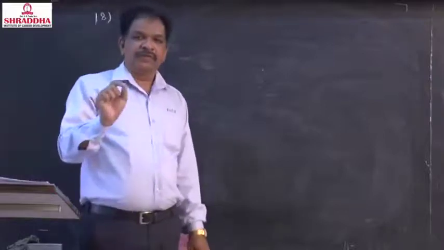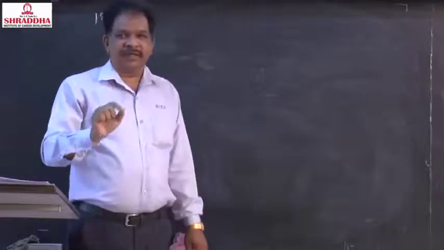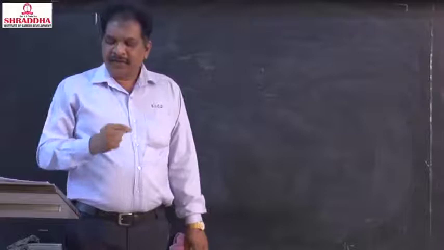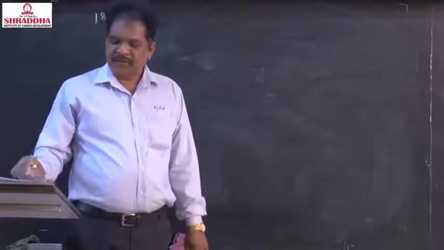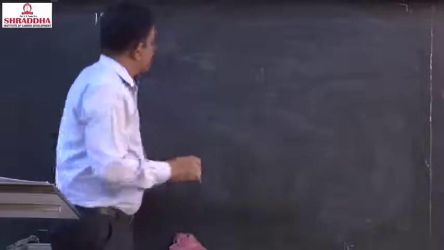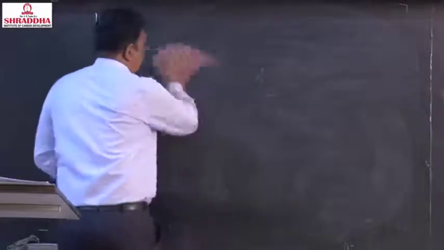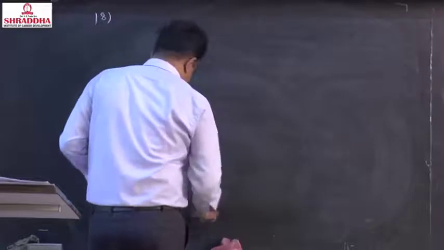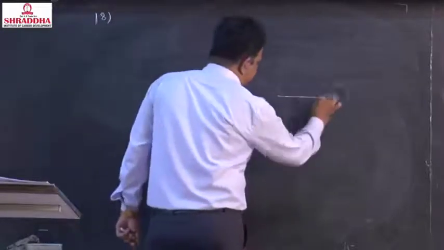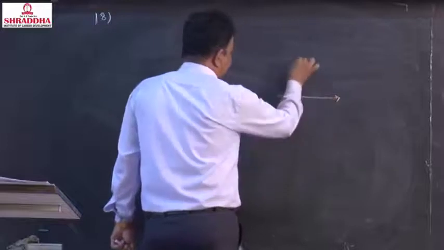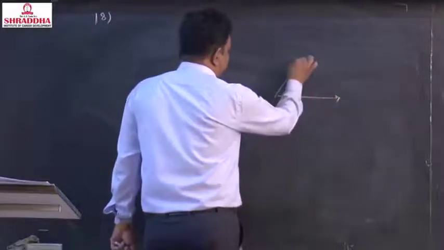It is a simple question only, they just gave the English terminology in an ununderstandable way. See, two equal vectors. This is one vector. This is another vector.